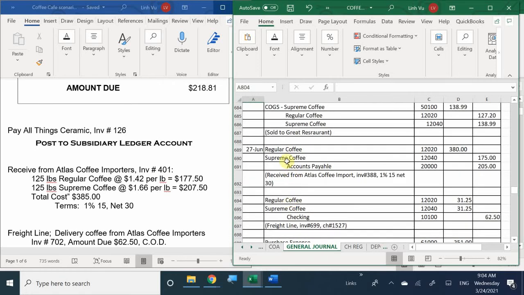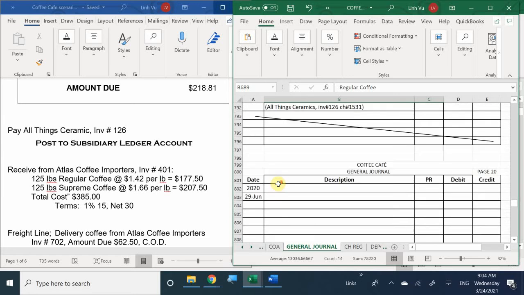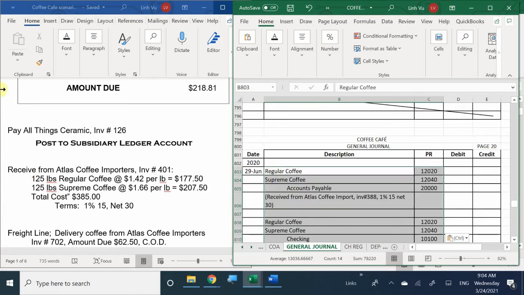Here it is. Here we are. Boom. Regular coffee, supreme coffee, and accounts payable.